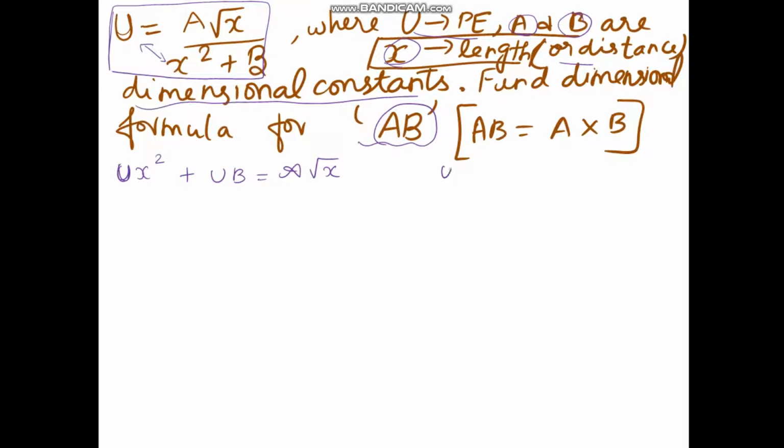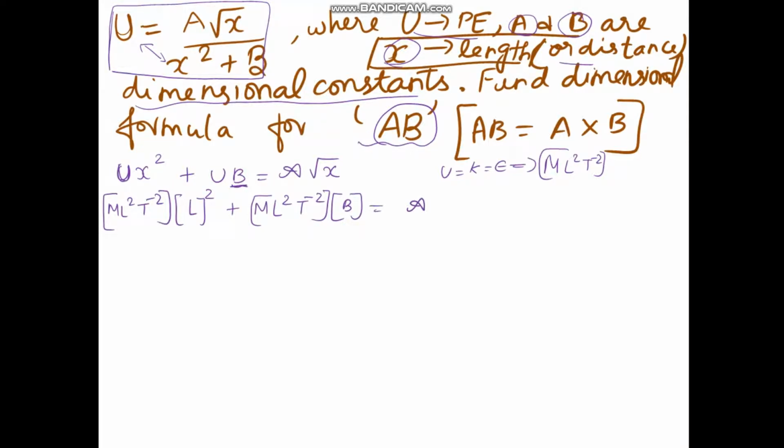U is nothing but potential energy. Potential energy, kinetic energy or total energy, whatever be the form, has the dimensional formula M L square t power minus 2. This will be clear when you do the work, energy and power chapter. So M L square t power minus 2 into x square, which is L square, plus M L square t power minus 2 into B, we do not know the dimensional formula for B, so we just write B, and A we do not know, into L power 1 by 2.